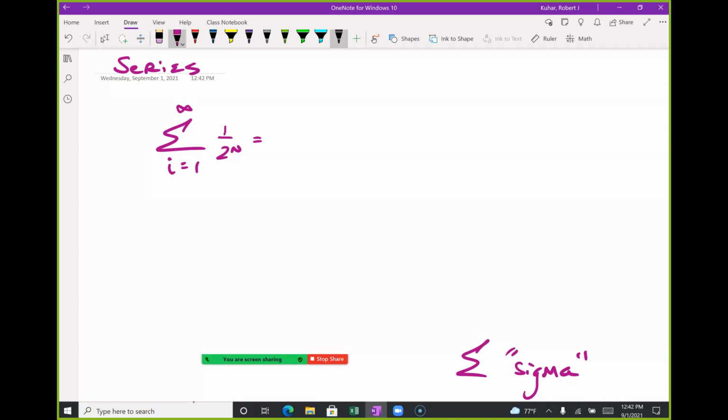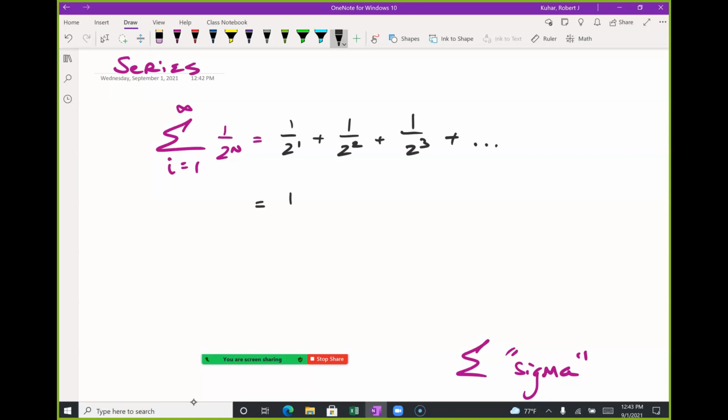So what's my first number here? It's 1 over 2 to the 1. And you can see, how am I writing this? I'm writing it as simple as I can, and then I'll try and put in the other pieces. So then I want to say plus 1 over 2 squared, right? Plus 1 over 2 cubed, plus dot, dot, dot, forever, right?